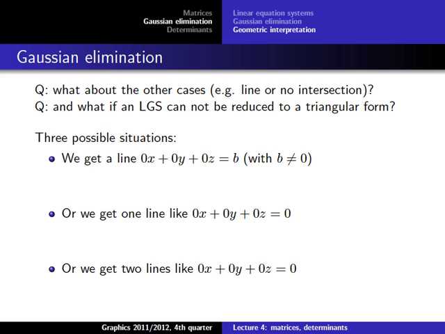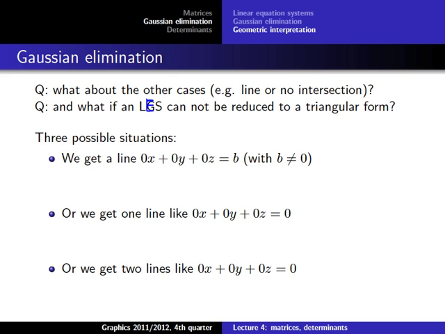Then, if we solve this arithmetically with the linear equation system, I got confused. It should be an E. With the linear equation system, there are three different things aside from this case that we already had, where we have just a point.